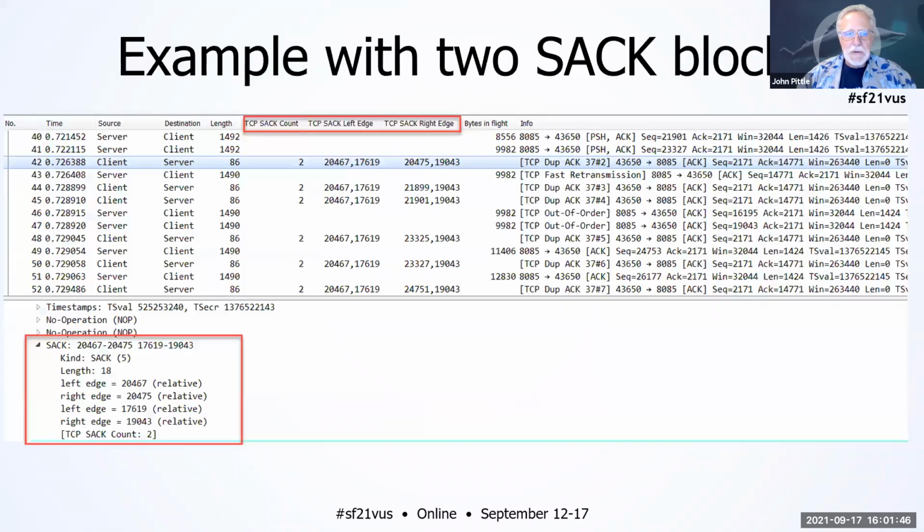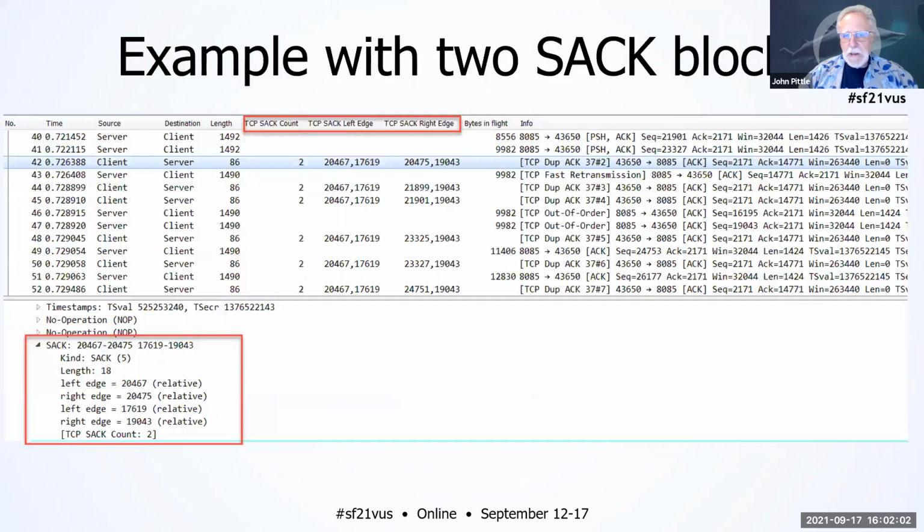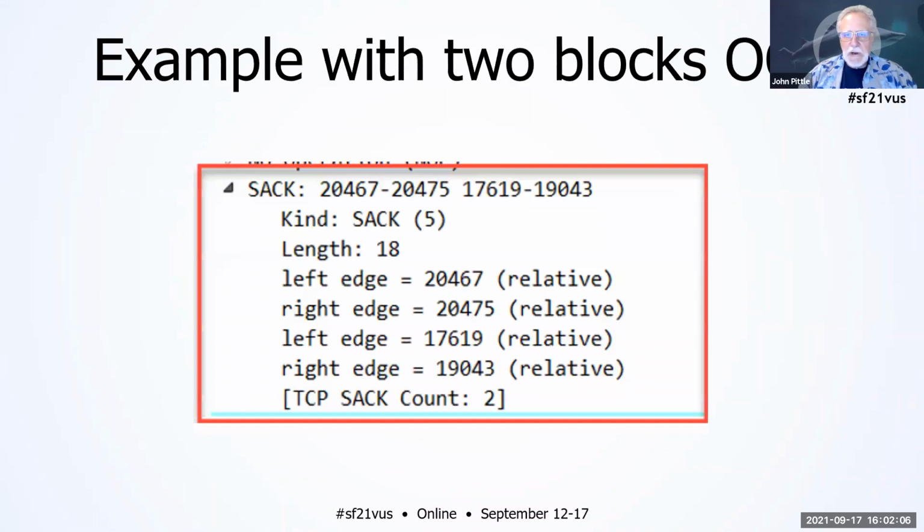Okay, so we made it through our example, and we're going to take a look at a few more decodes. We're now going to take a look at what shows up in Wireshark when there's two SACK blocks and some really interesting ways you can manipulate the columns. So we'll zoom into this box a little bit. Here in our TCP options, notice that we've got two different blocks, SACK count as 2.